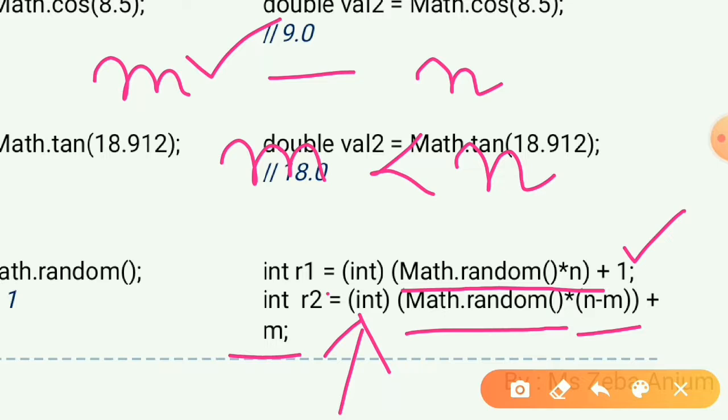Yes, now this r2 will store what? This r2 will be storing your integer random number between m as well as your n.